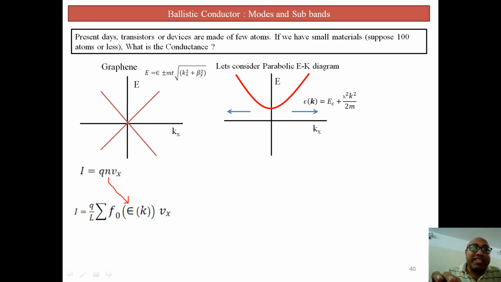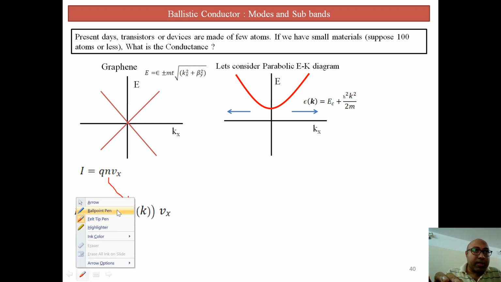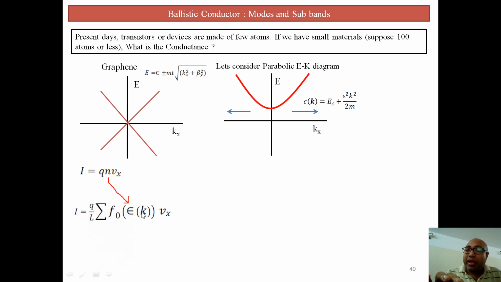Because at each k value we get an energy, no? That is the E-k diagram, energy versus momentum. So at each k value we get an energy. Now, what is the probability of occupation of this energy by an electron? That is given by f, the Fermi-Dirac statistics. And if you sum over this, you will get the total number of electrons.